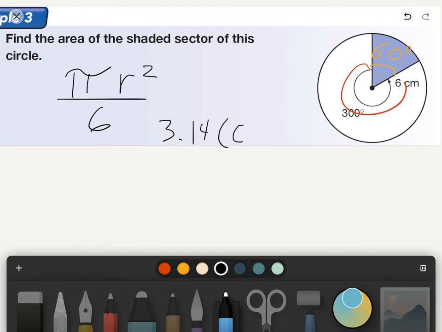Oh, and by the way, sorry, I should have said, this is example 3. So, yes, we could say 36 square centimeters, and you wouldn't be wrong, but the book has an interesting thing to show us here.